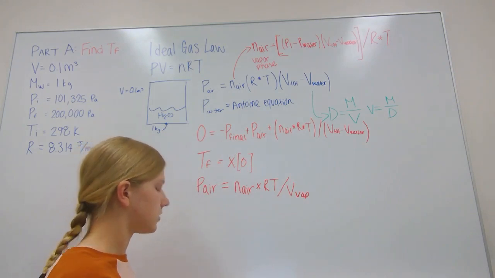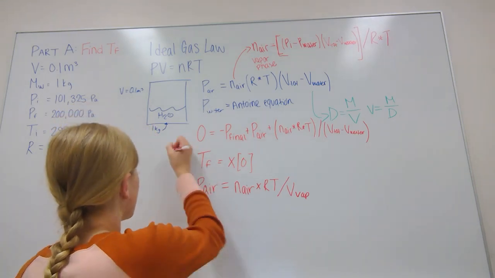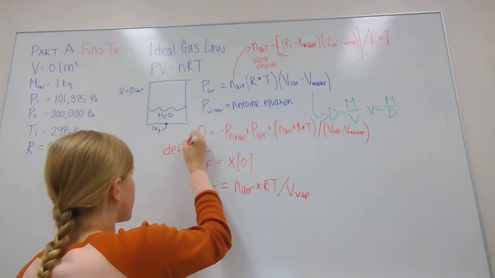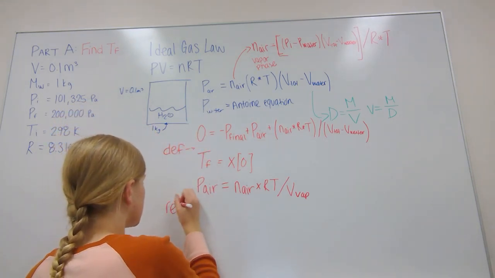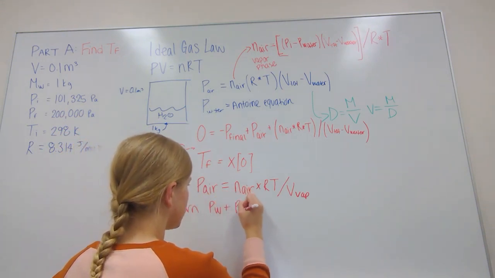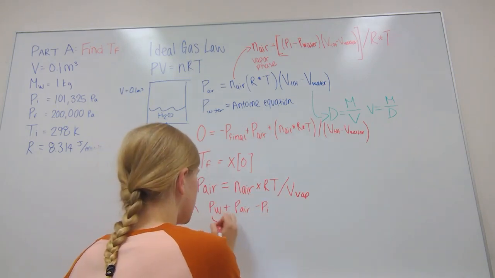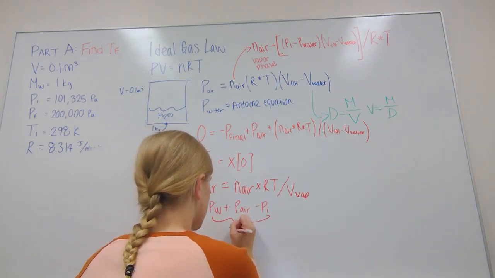And then once we have that, we'll define this function, and it's going to return the pressure of the water plus the pressure of the air minus the pressure initial function. We want this to be what goes to 0.